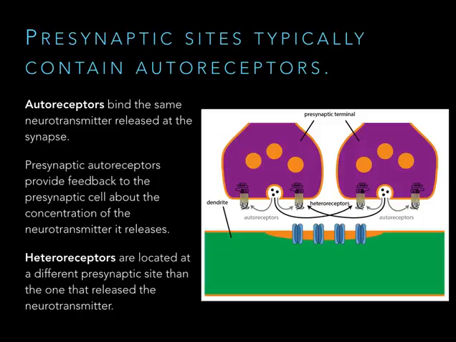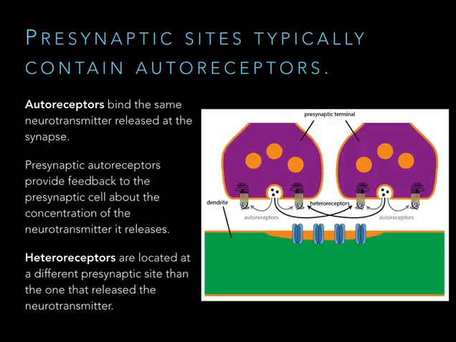These tend to act as inhibitory receptors that then either prevent the synthesis of the neurotransmitter or its release through some mechanism. The logic here is that if you have very high levels of neurotransmitter release, that's going to cause the activation of autoreceptors and thus tone down the amount of neurotransmitter release so that you don't hyperexcite your target cell.